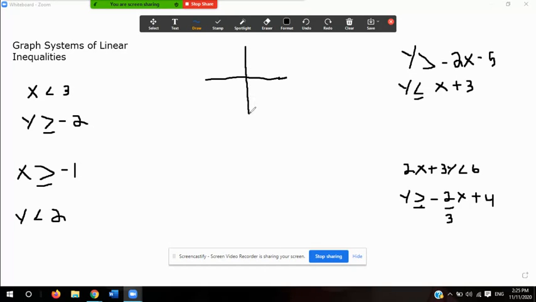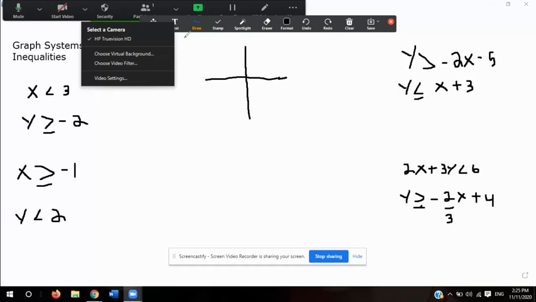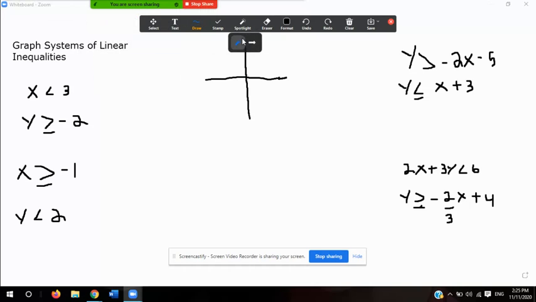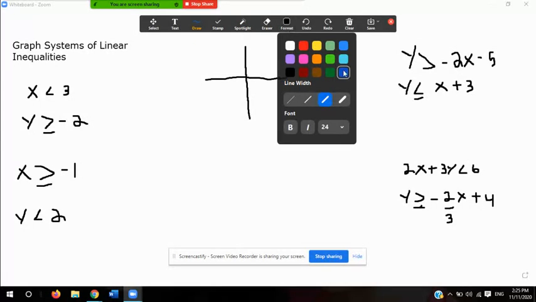One thing that we want to do, if we're going to graph this inequality, is change that x is less than 3 to x is equal to 3.